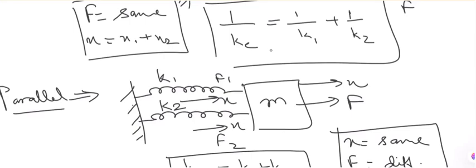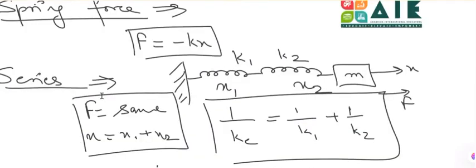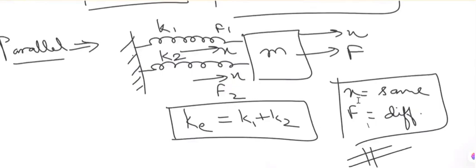So the last part I had told: during series connection F remains the same whereas X changes. In parallel connection X remains the same whereas F changes. Here it is parallel, so they both will drive the same displacement, but the force applied on both will be somewhat different.